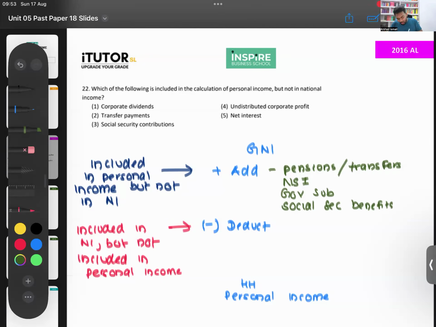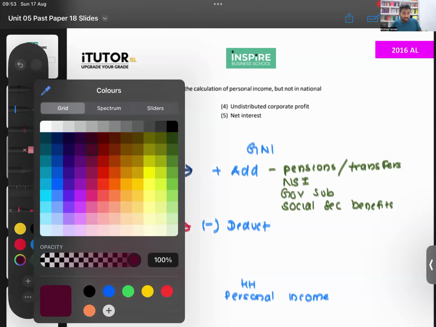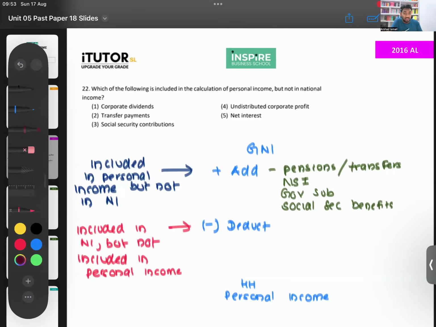Then there are also certain things that you have to deduct. What do you have to deduct? It's a part of national income, but households don't get it. So you have to remove those. What are those? Depreciation, right? So you have things like CFC. What else? What else do you deduct? Retained profits, right?